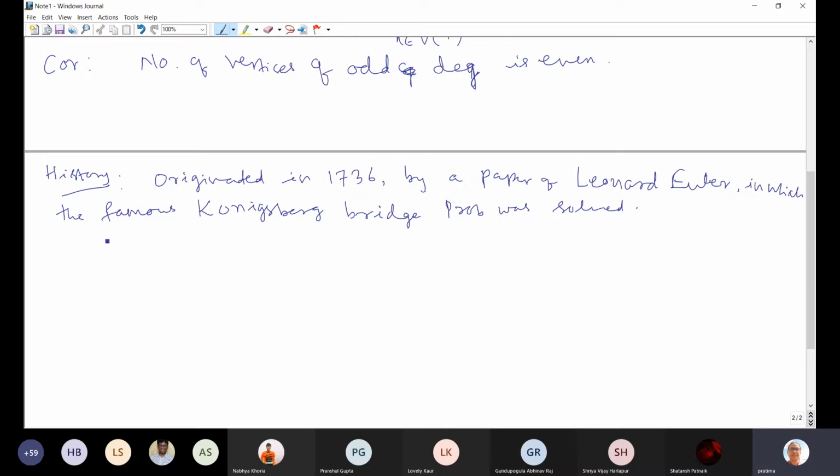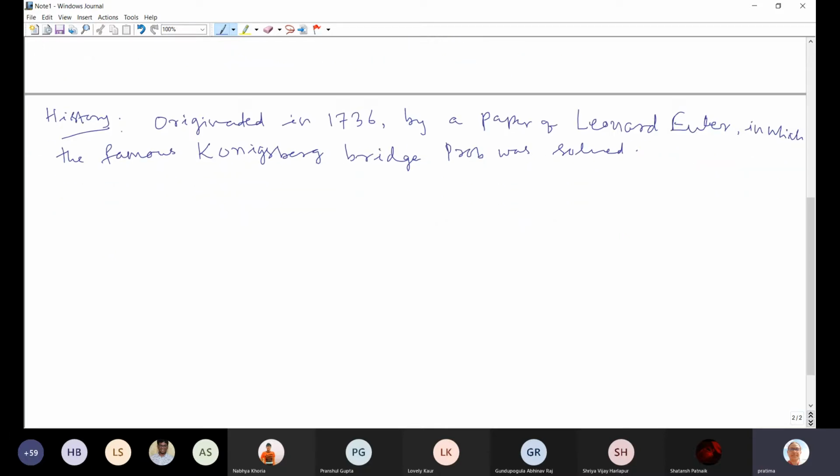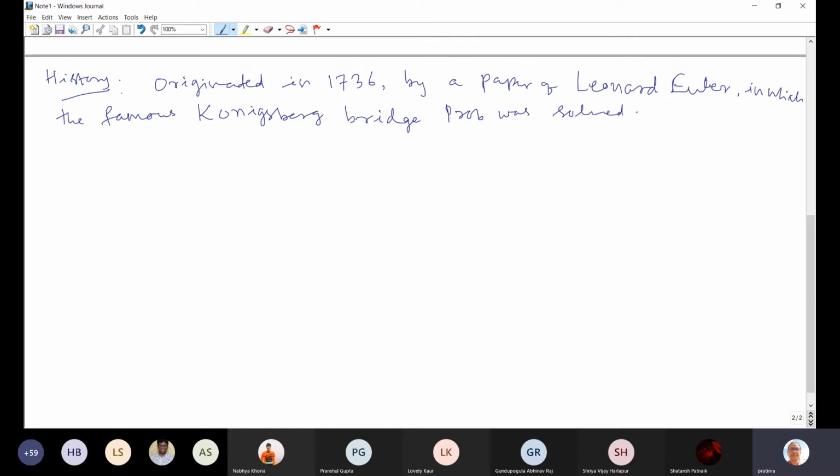This Königsberg bridge problem was a long-standing puzzle at that time. Sometimes people also say the Königsberg seven bridge problem, or simply the Königsberg bridge problem. So this was a long-standing open problem at the time. What is this Königsberg seven bridge problem?